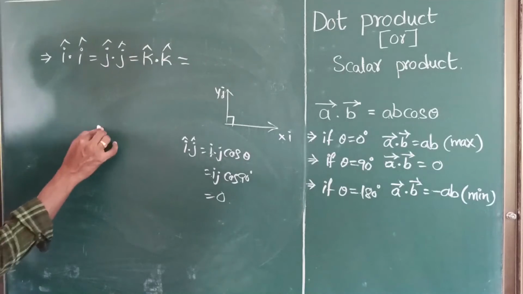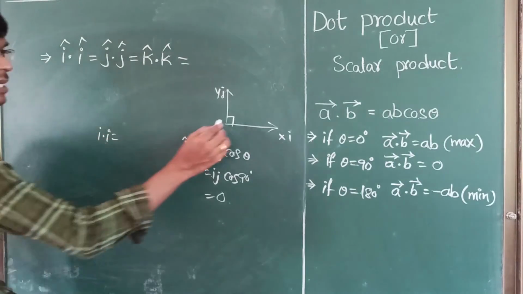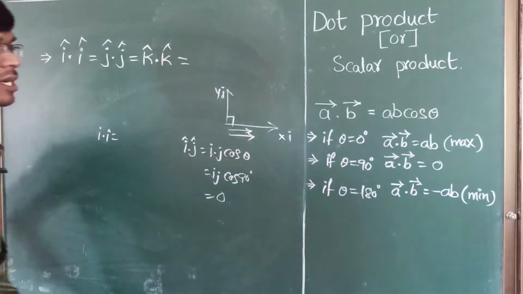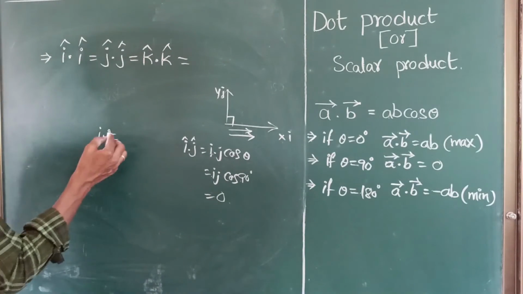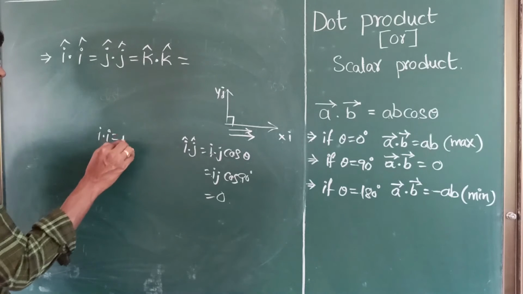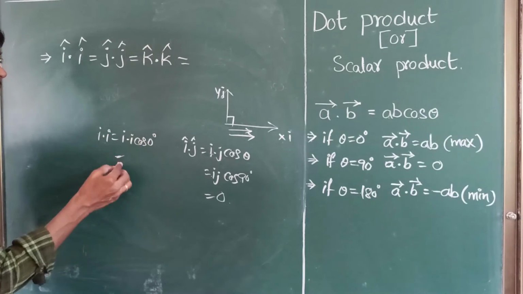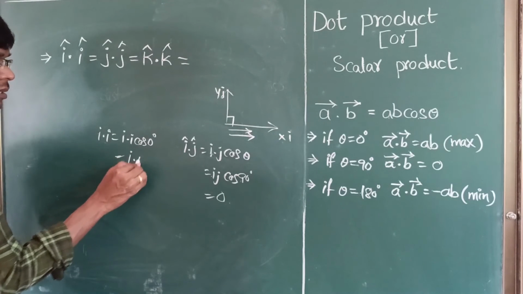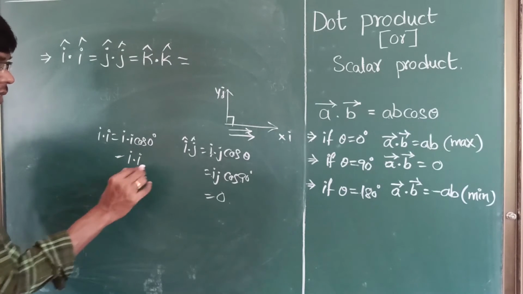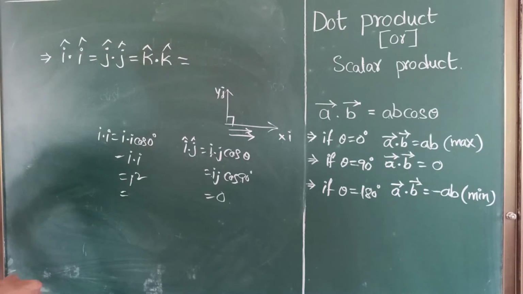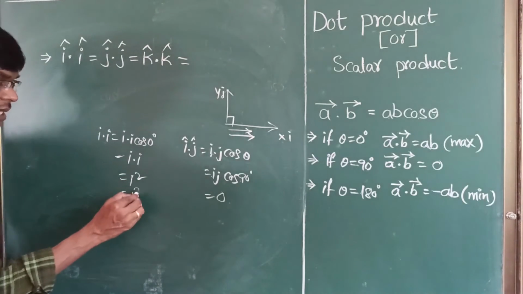Suppose you consider I dot I, what is the angle? I cap is along the x-axis, and the other I cap is also along the x-axis, so the angle between these two is 0. So I into I into cos 0 degrees, and cos 0 is 1. I into I is I square, and what is the magnitude of I cap? 1. So 1 square is equal to 1.